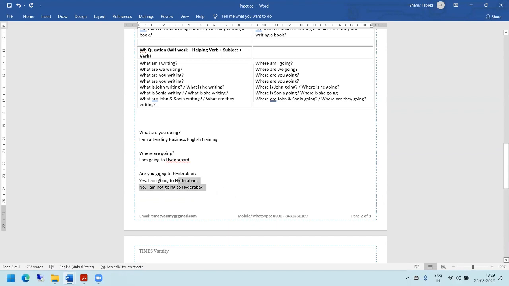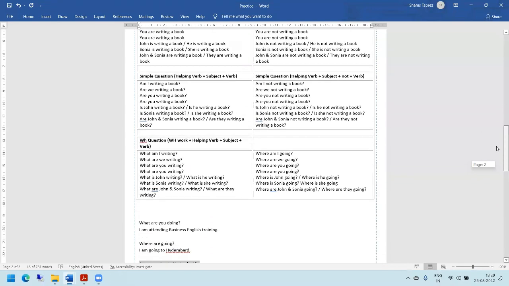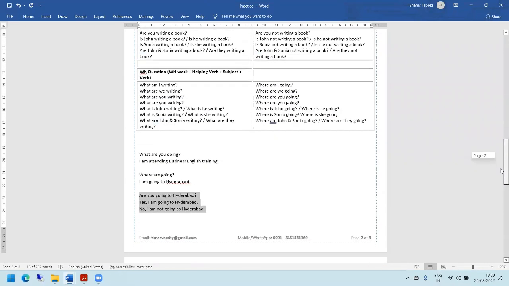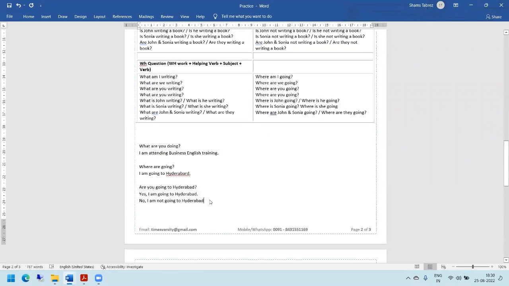It should not be in another tense. This is how we make sure we are grammatically correct. We should be fluent in English with grammatically correct sentences, whether we are writing, speaking, or whatever.